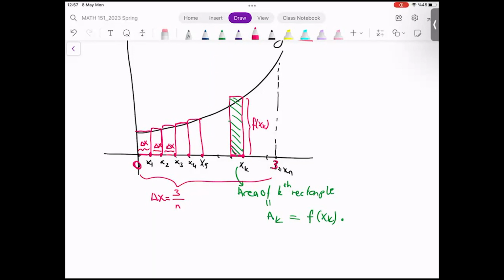And we also need to compute an expression for the point xk here. This is the kth point. Why do I need it? Because we are computing the height by computing the image of the function at xk. So what is xk? It is the initial point 0 plus how many delta x's we need to move to reach xk. In fact, we add k many delta x's to hit the point xk.